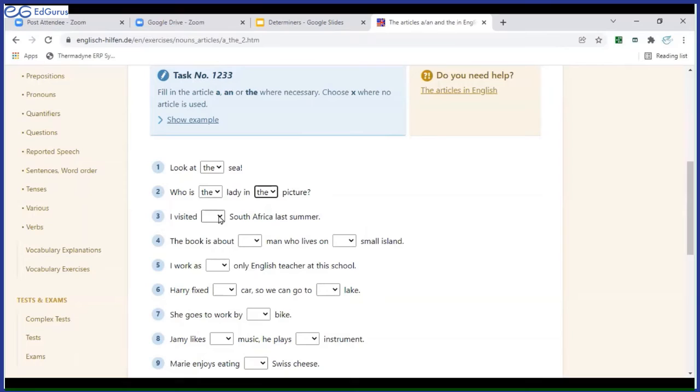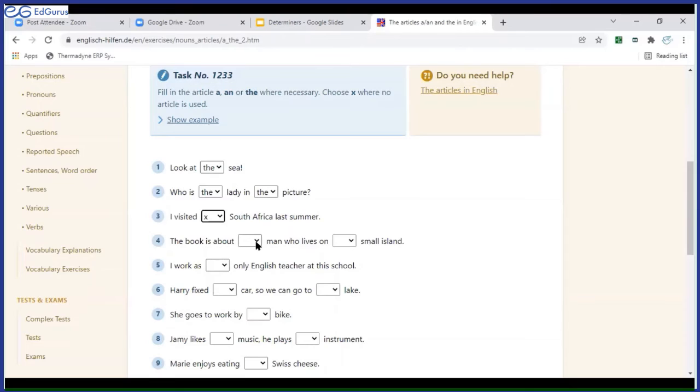I visited dash South Africa last summer. I visited South Africa. Do you say I visited the India? No. I visited the Chandigarh? No. So, X, no article. It means no article, right?